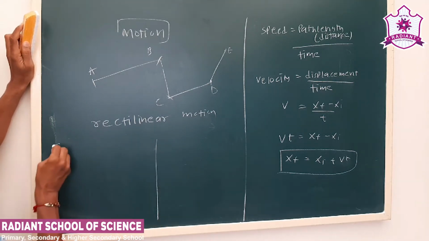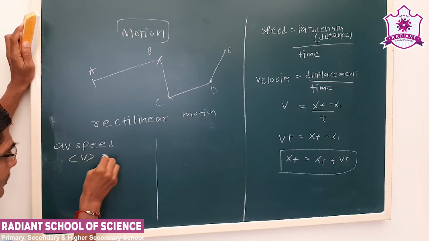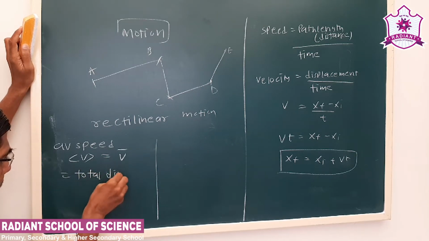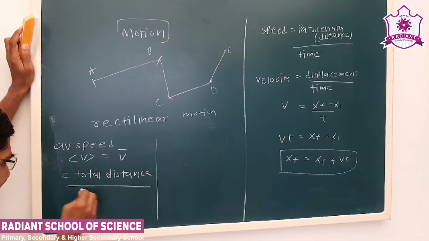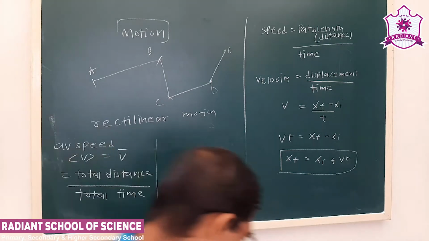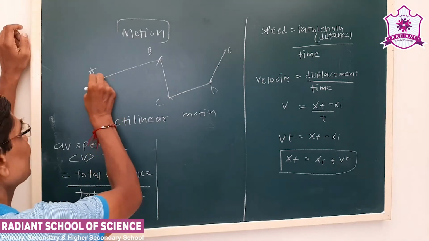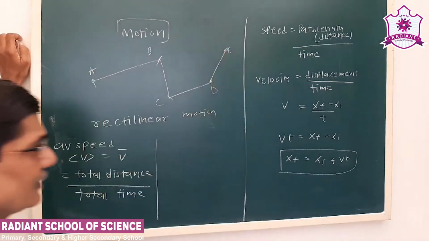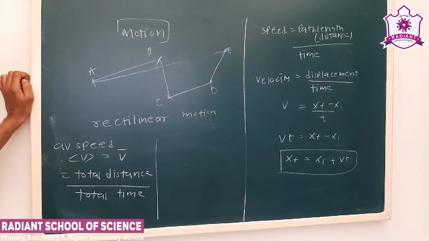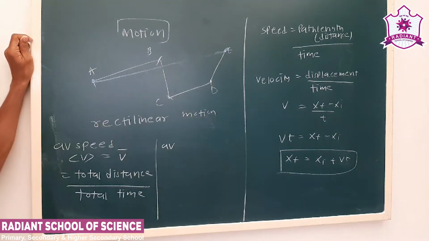In that case we have average speed. We use a symbol like this or this. Average speed is total distance upon total time. But we know displacement has nothing to do with the path followed. Here displacement is the shortest distance connecting point A and E, so the displacement will be AE in this case.